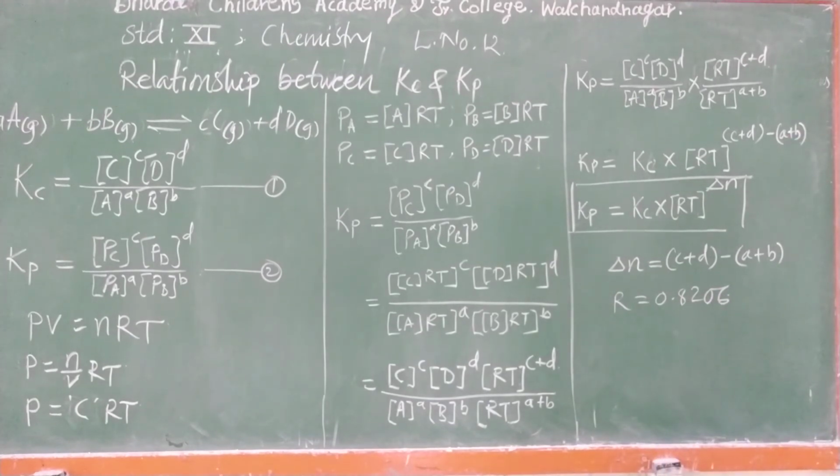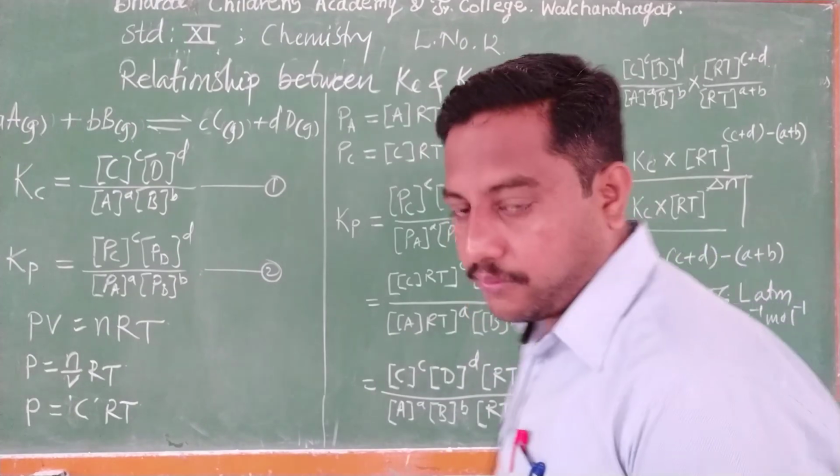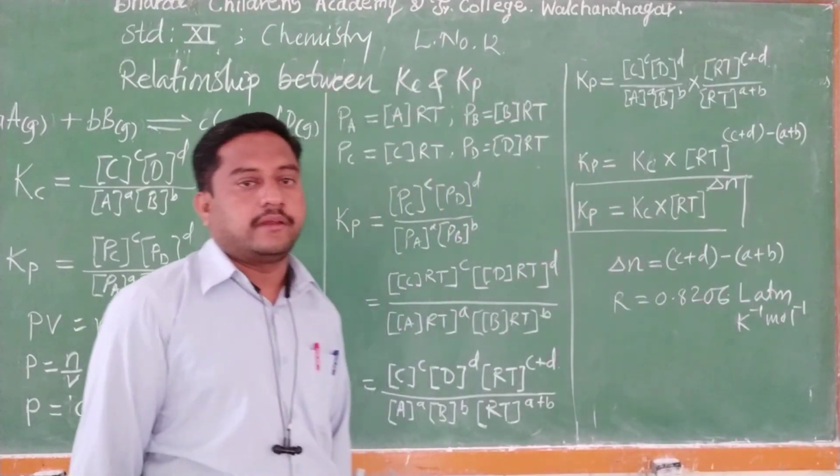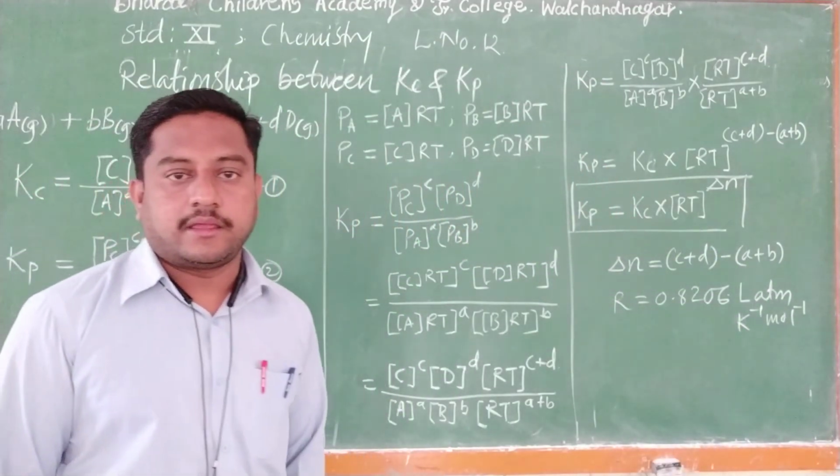In liter atmosphere, you can write the unit if you want. Unit will be liter atmosphere Kelvin inverse mole inverse, that we have studied in lesson number 1. So this is how you are going to get the relation between Kc and Kp.